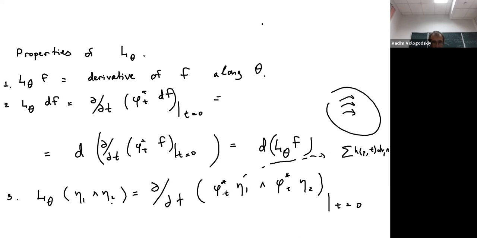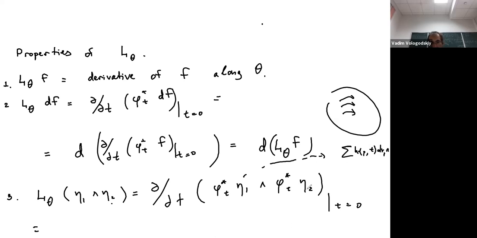When you take the wedge product, you basically take the product of the coefficients, and the coefficients of the product are linear combinations of the products of the coefficients. So you can apply the Leibniz formula to compute the derivative. So this is equal to, you first differentiate this term and multiply it by the value of the second form when t is 0.